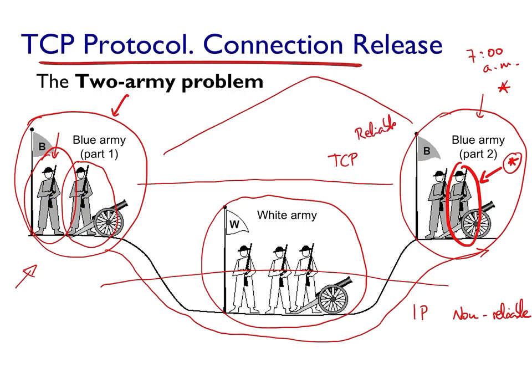TCP is reliable. So if I send a message on top of IP, maybe it is not correctly received. So we finally have to assume some considerations when disconnecting a TCP connection.